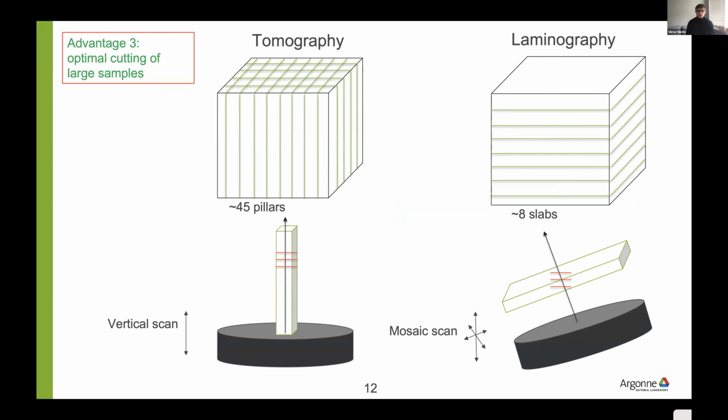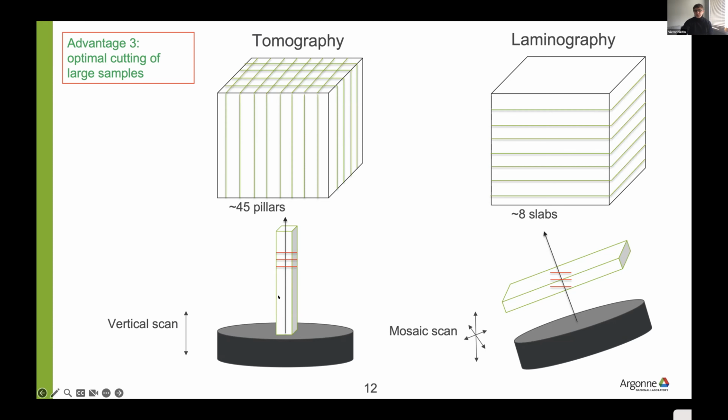If you have a really huge sample, like, I don't know, monkey brain or human brain, you still need to cut it somehow, to get nice photon counts on the detector, to have appropriate transmission for the sample. So for tomography, you need to cut this sample into pillars like this on the left side.